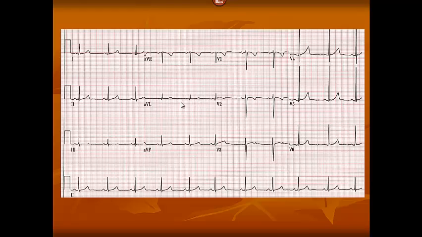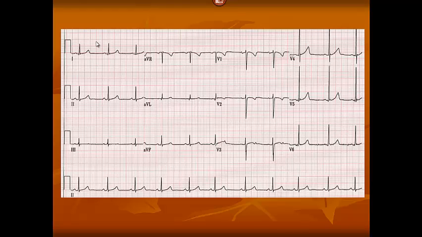Each EKG is divided by large boxes and small boxes to help measure time and distance. Each large box, this is the large box, all the thick lines will delineate a big box of 5 tiny little boxes inside. So each large box is 0.20 seconds.